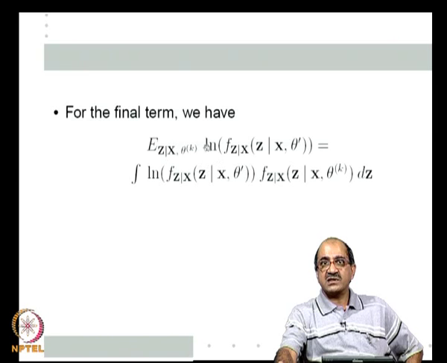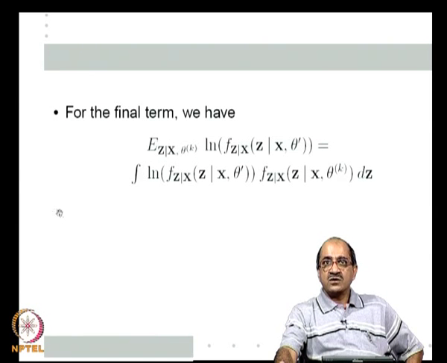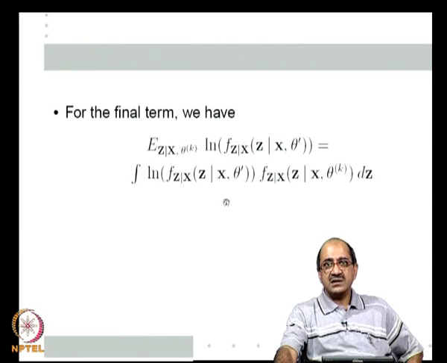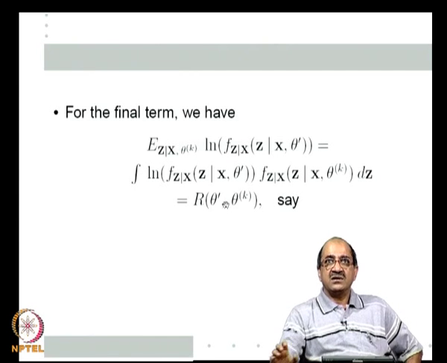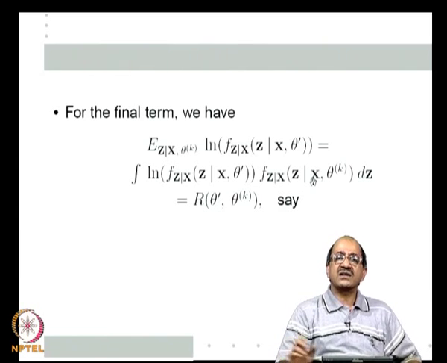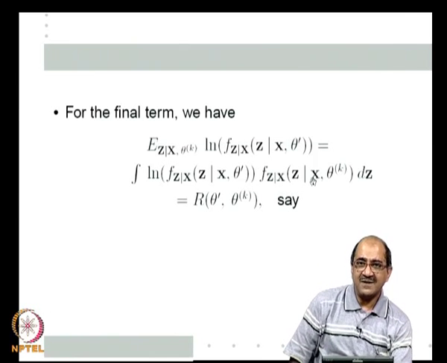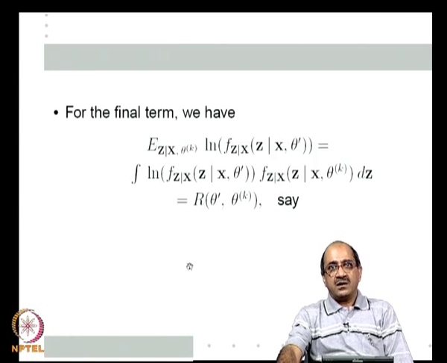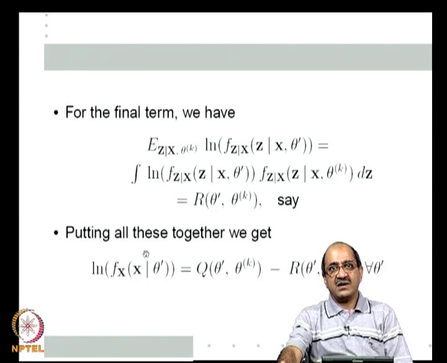That is the density with respect to which I am taking the conditional expectation. For the third term, we do not know what this conditional expectation is, so let us just give a name to it. It is a function of both theta k as well as theta prime, so let us call it R(theta prime, theta k). We will come back to this function a little while later.